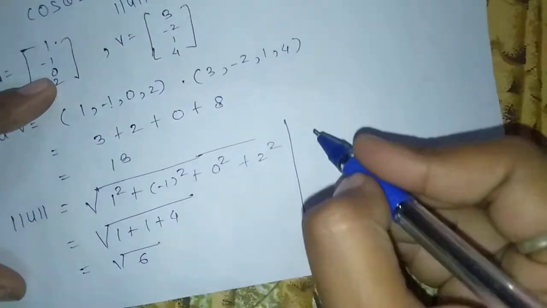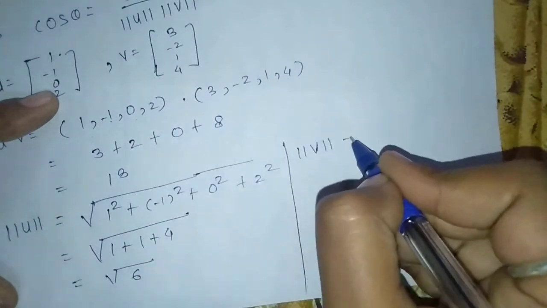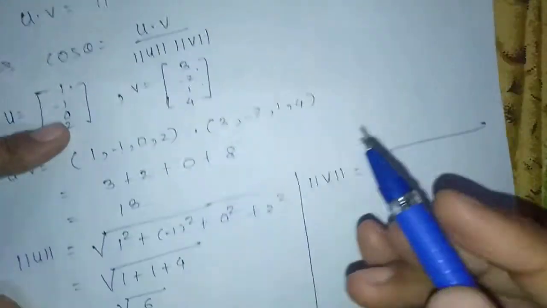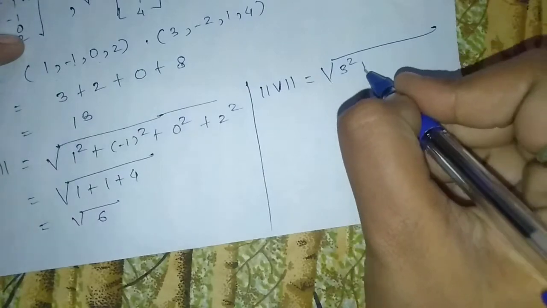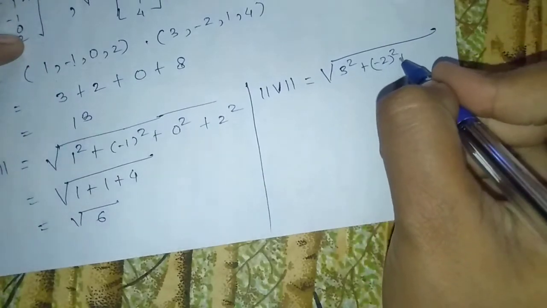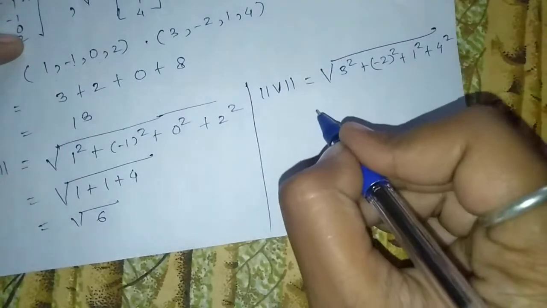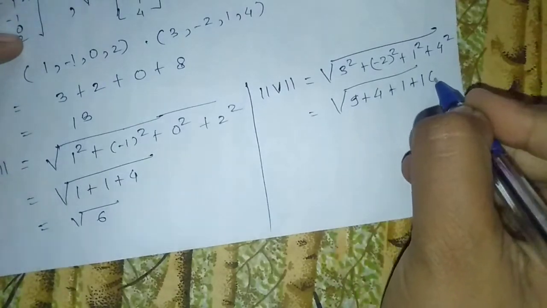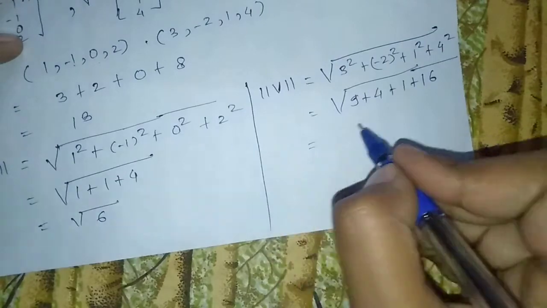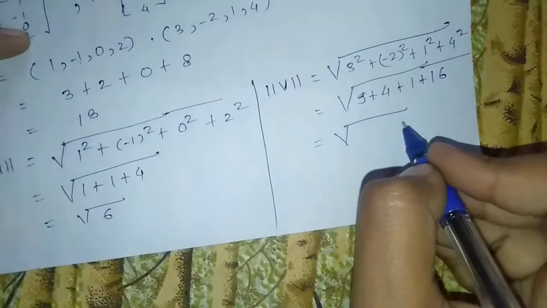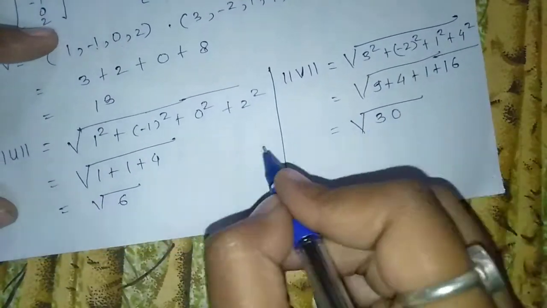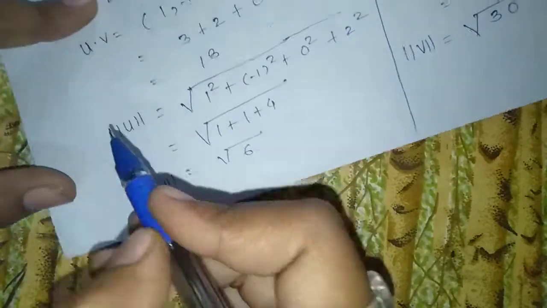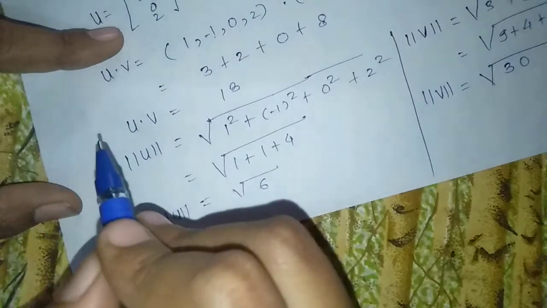Norm V, with V = (3, -2, 1, 4), is 3 squared plus (-2) squared plus 1 squared plus 4 squared, equal to 9 plus 4 plus 1 plus 16, which is 30. So norm V is root 30, norm U is root 6, and U dot V is 13.